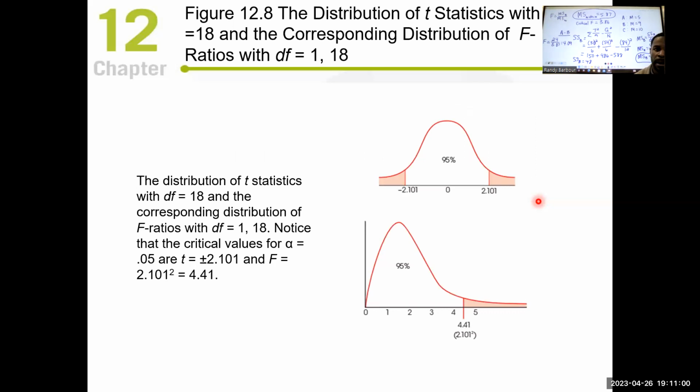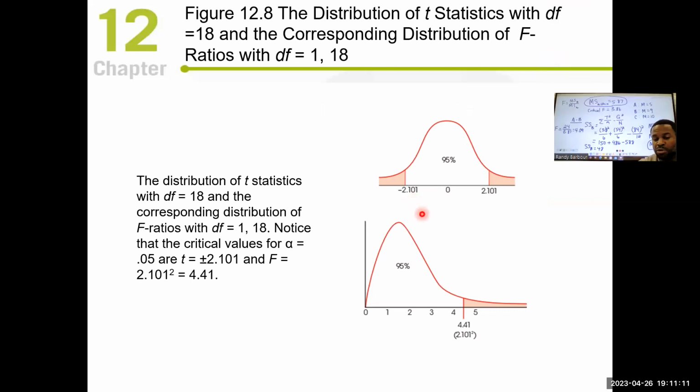So if you're looking at the t statistic for the t-test with a degree of freedom of 18, you get plus or minus 2.10. You have two groups, and the total sample was 20, but the degrees of freedom were 18.